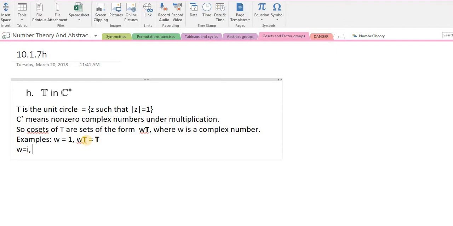Then wT is equal to the set of i times z, where the absolute value of z is equal to 1.